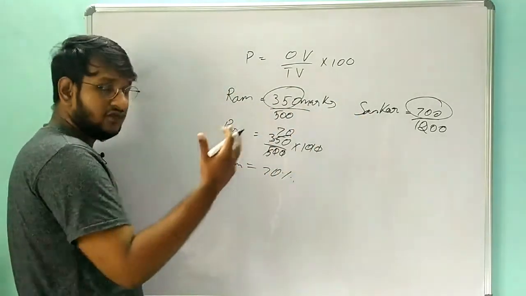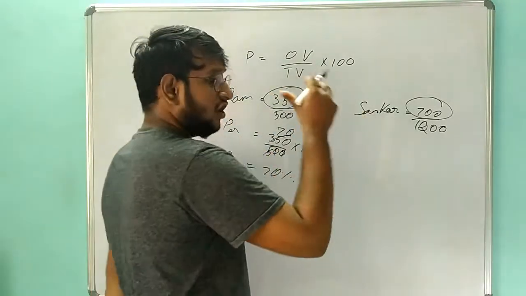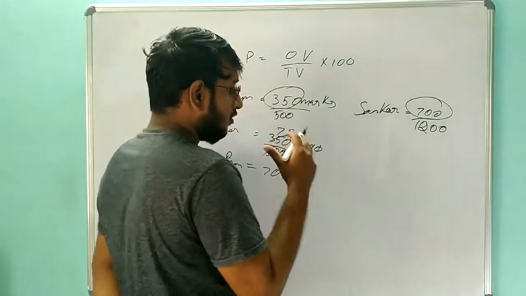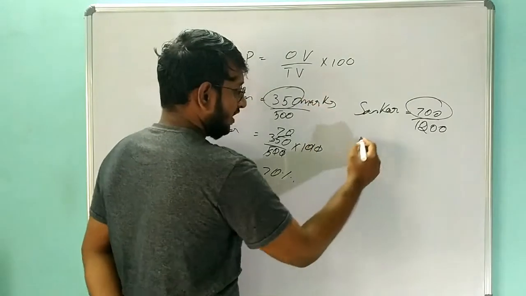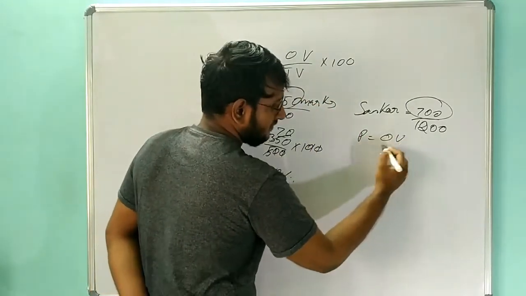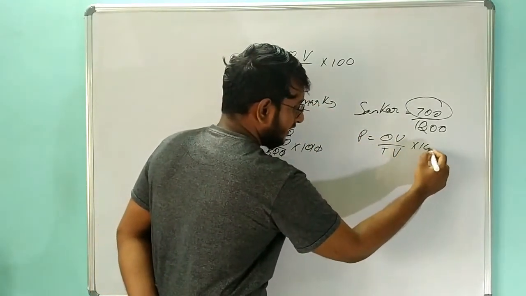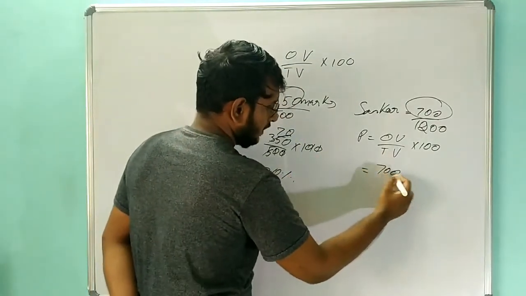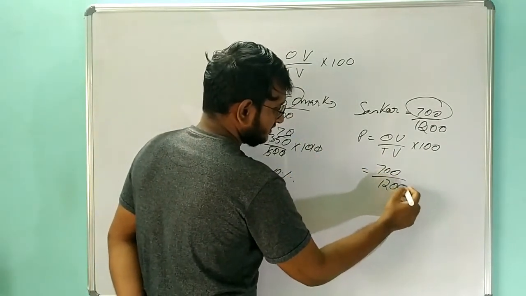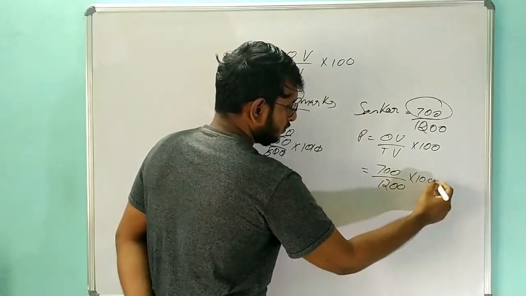So in this case, we have to find the percentage mark of Sankar as well. Again, the percentage formula is equal to obtained value by total value into 100. The obtained value is 700, the total mark is 1200, into 100.